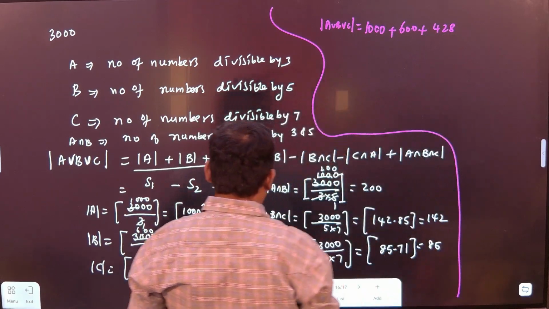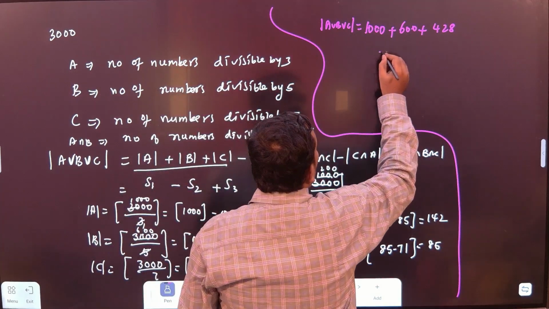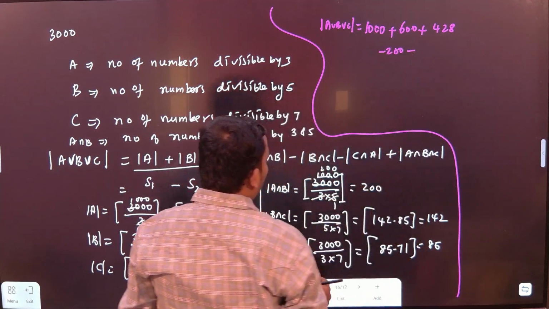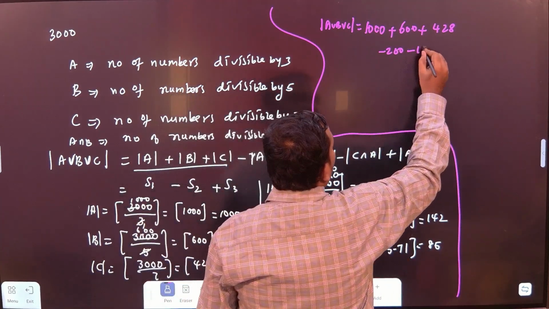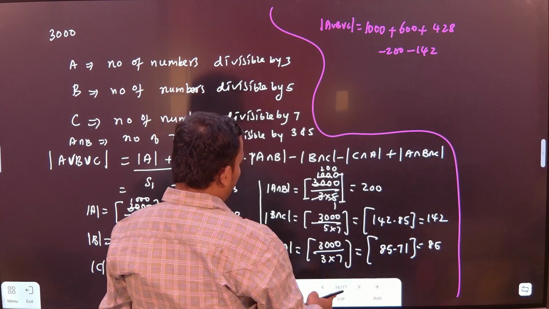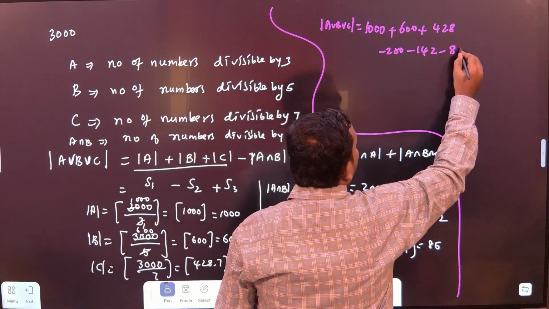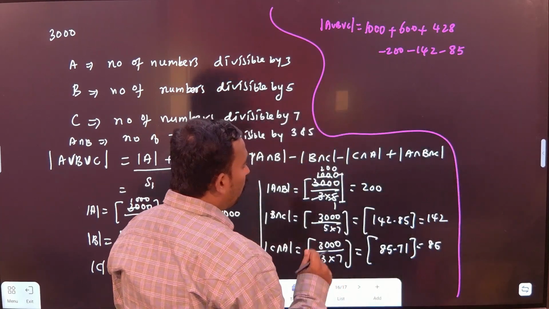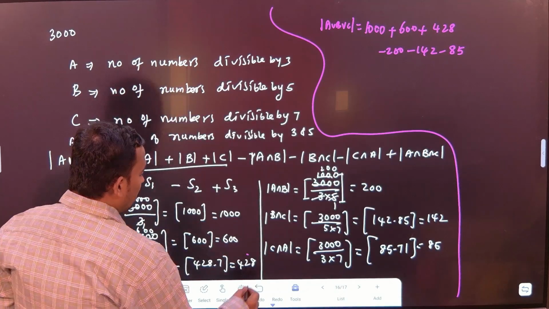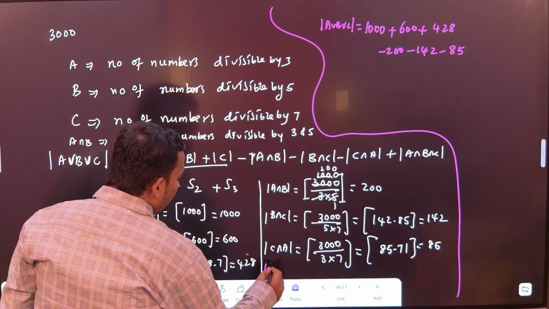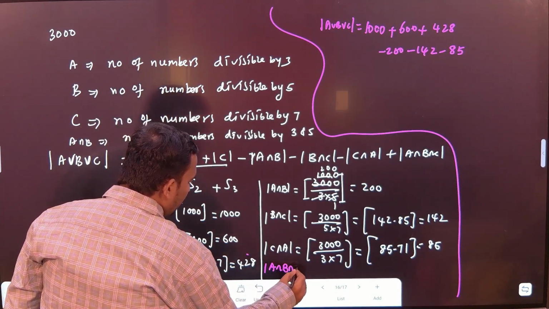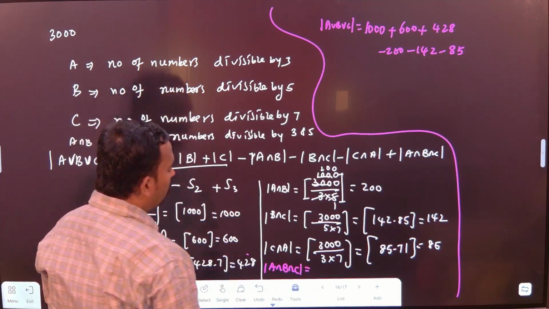And then subtracting 200, subtracting the 142, subtracting the 85, plus one more you need to calculate, right? Cardinality of A intersection B intersection C you have to calculate. You have to add it, no?